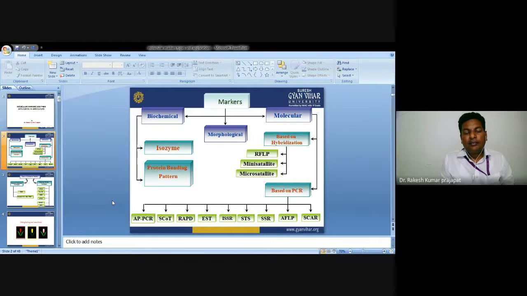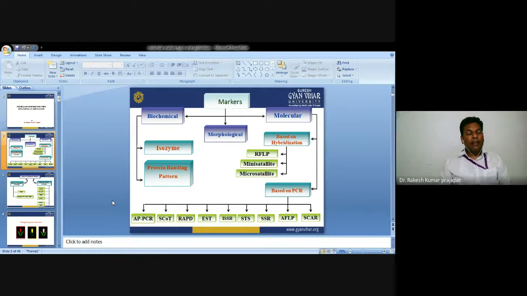Biochemical markers are a class of markers like isozymes and protein banding patterns. These are biochemicals like proteins, different forms of enzymes, isozymes, and protein banding pattern on the gel, how they behave on the gel. PAGE means polyacrylamide gel electrophoresis. How a particular protein behaves on that gel and what its banding profile is, that is represented in biochemical markers.